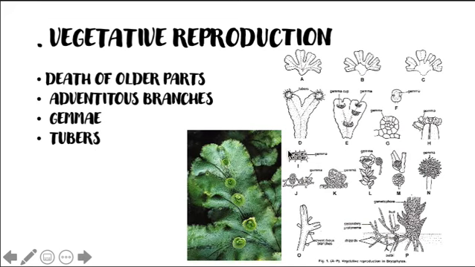And then we have tubers. From this picture you can see that sometimes it becomes very dry. And as you know, bryophytes need water, right? So sometimes it becomes so dry that the bryophytes cannot survive.